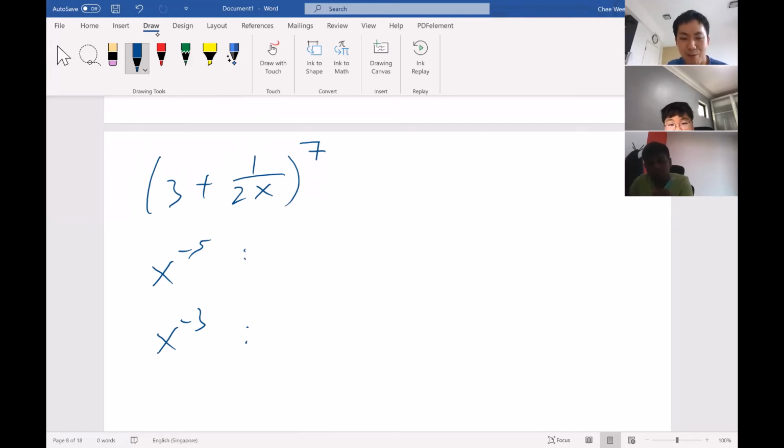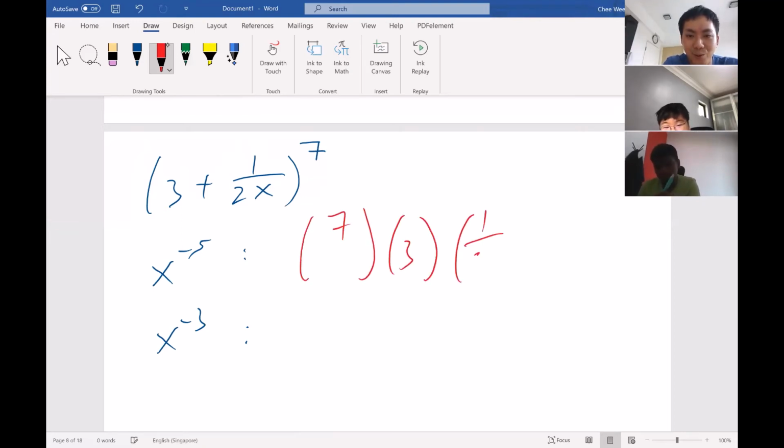Okay, so Yanis, x to the power of negative 5. X to the power of negative 5 is 1 over x to the power of 5. So it's 7 choose something, 3 something, and 1 over 2x to the power of something, right? What should this be?